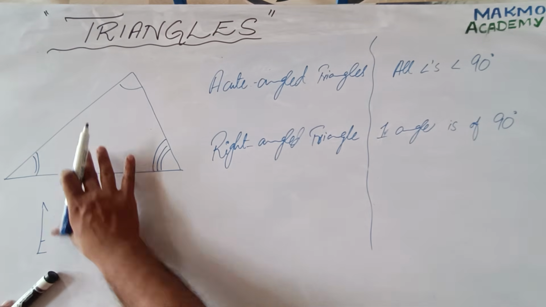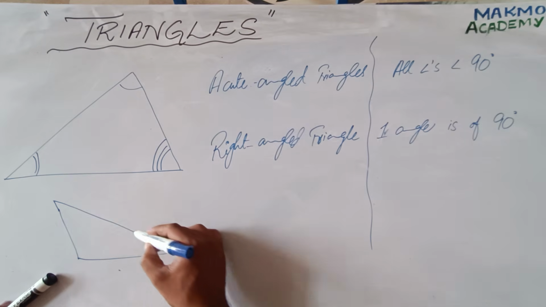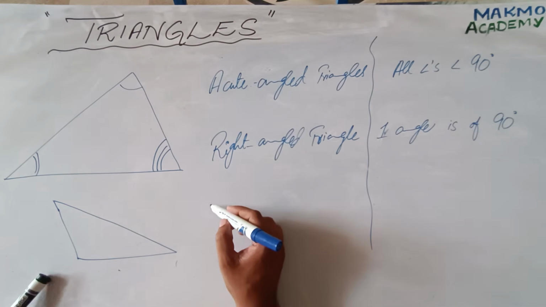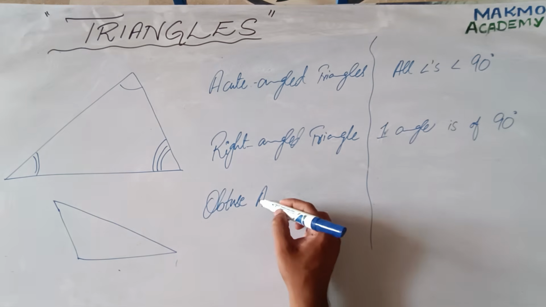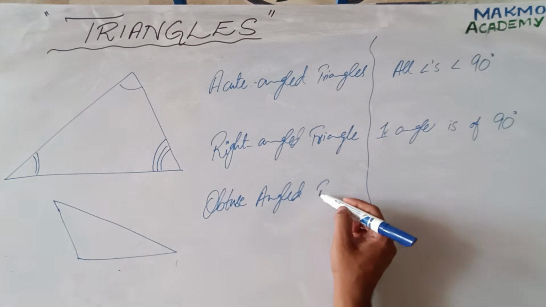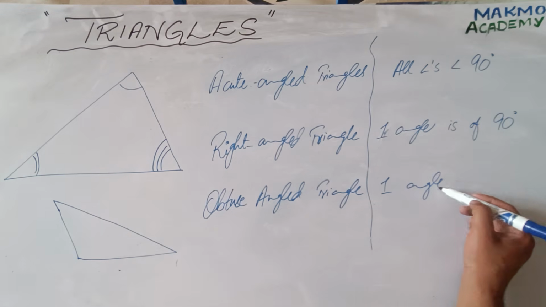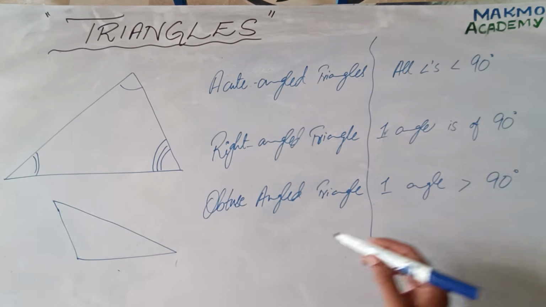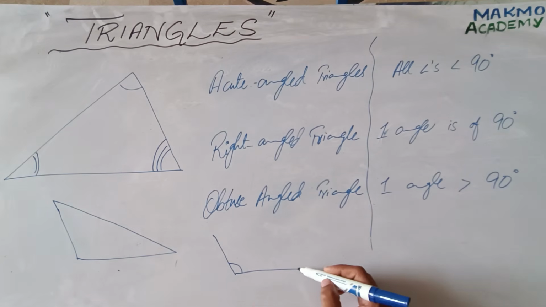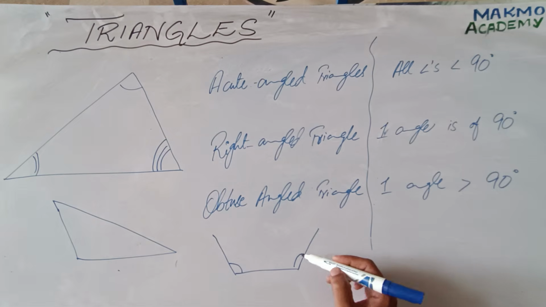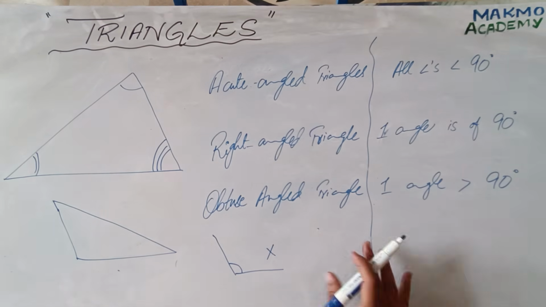And if the size of at least one angle is greater than 90 degrees, that triangle is called an obtuse angle triangle. Again, only one angle can be greater than 90 degrees. If another angle were greater than 90, it would not form a closed figure, so it wouldn't be a triangle.